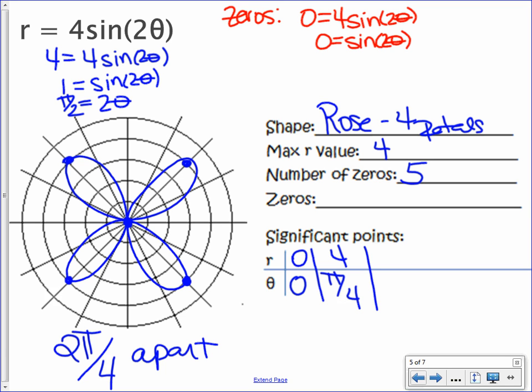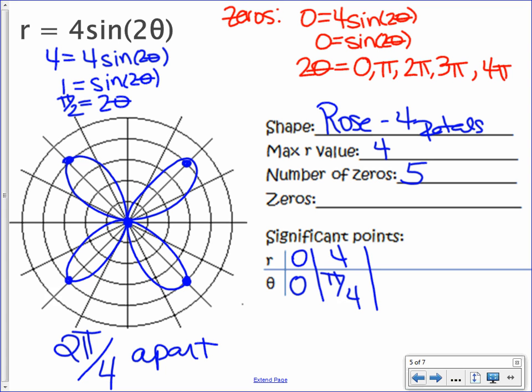Which means 2 theta needs to equal, okay, we have 5 zeros we need to find, so we need to list the first 5 times sine is 0. Where's the first? 0. Next. Pi. Next. 2 pi. Next. 3 pi. Next. 4 pi. Now I have 1, 2, 3, 4, 5 numbers listed.